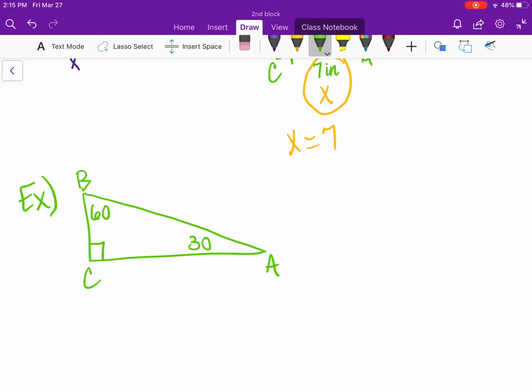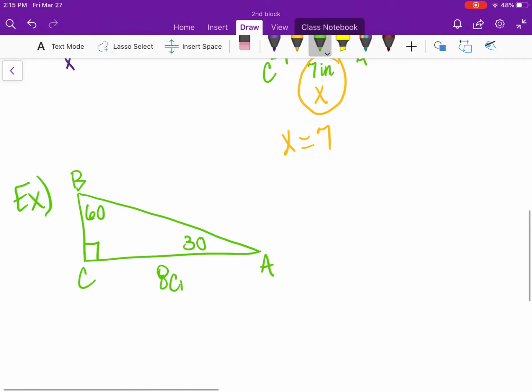And we're given that AC is 8 centimeters. And we need to find AB, and we need to find BC.